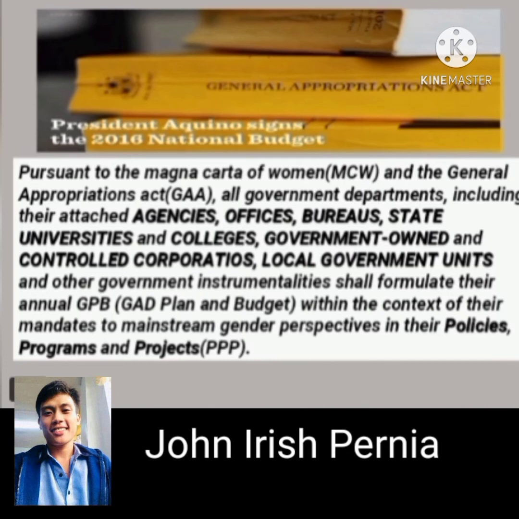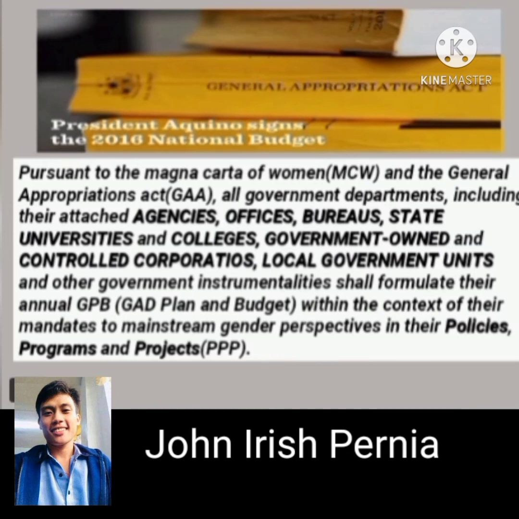Then sabi din dito, at least 5% of the total agency's budget appropriation authorized under the annual GAA shall correspond to activities supporting gender and development plans and programs. The gender and development budget shall be drawn from the agency's maintenance and other operation expenses, capital outlay, and personal services.